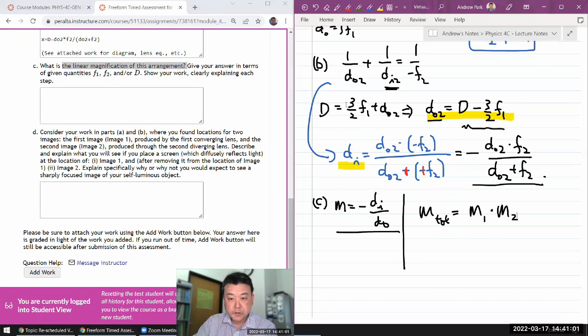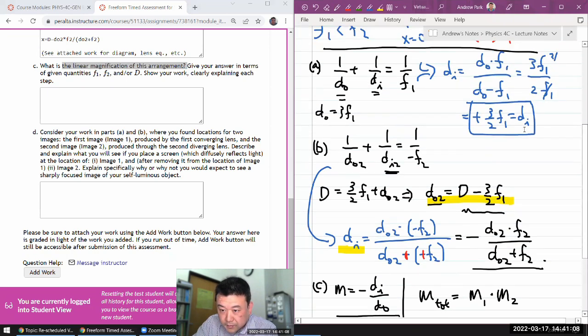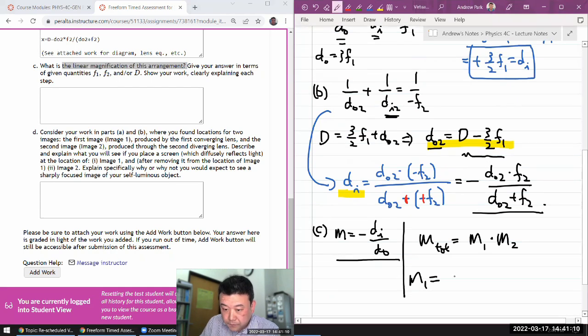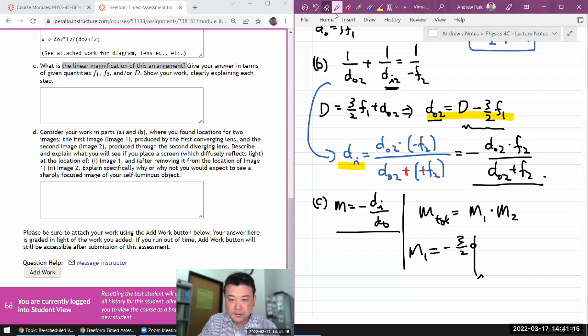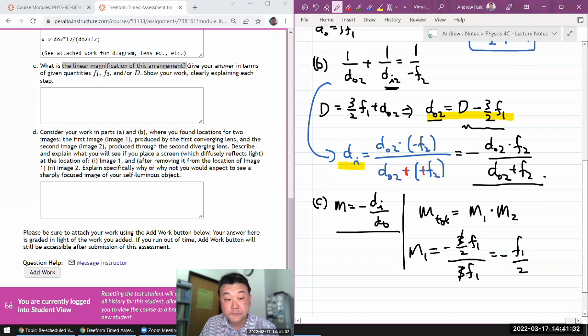The magnification of the first stage is, I think I have those in terms of di. So minus 3 halves f1 divided by, I think I remember the object distance, 3 f1. And okay, 3 is cancelled. So the first stage had the magnification of 1/2, so it shrunk rather than magnifying.